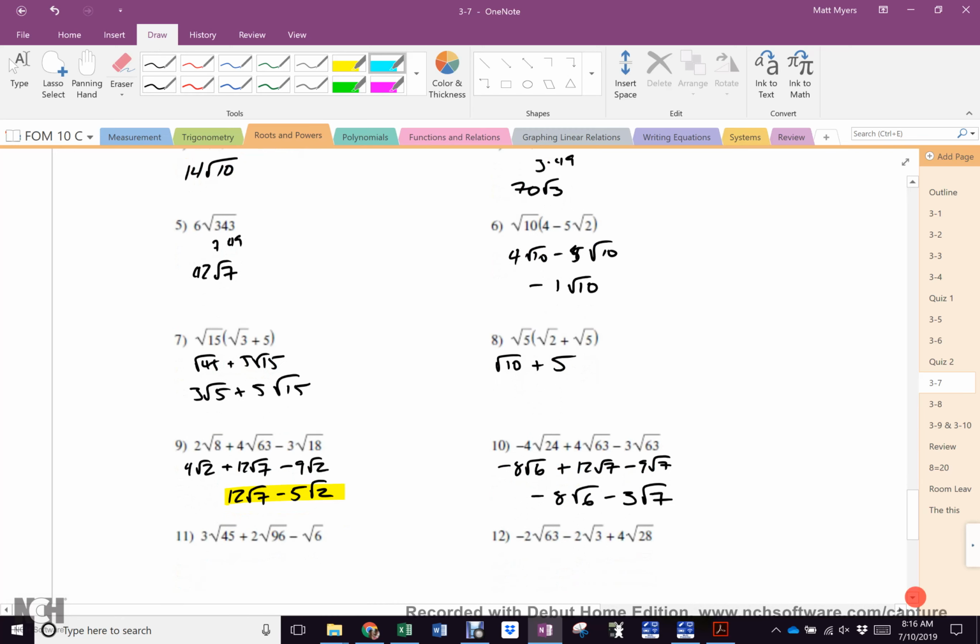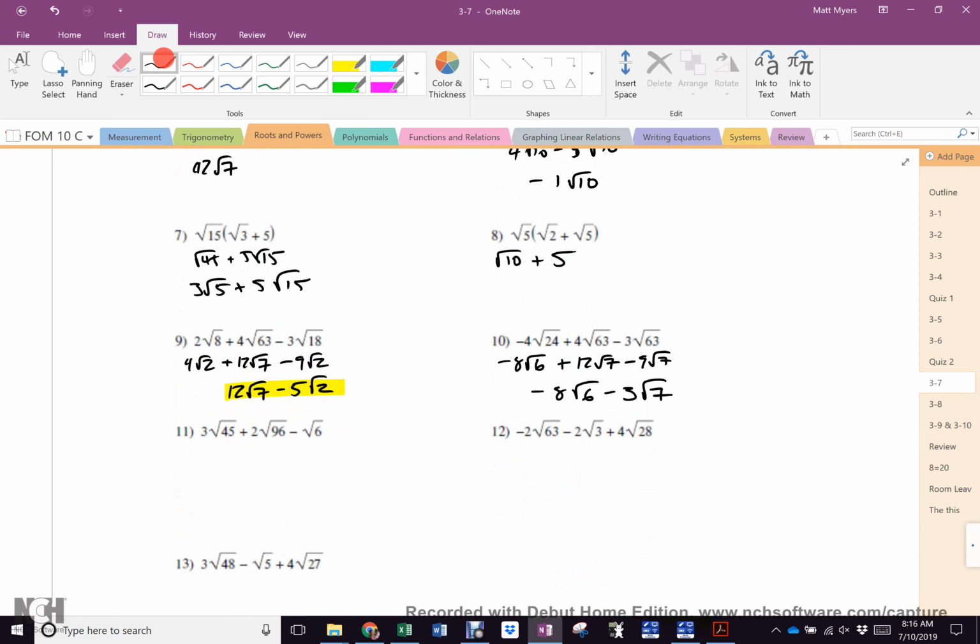That is 9 root 5, that's 16 times 6, plus 8 root 6 minus root 6 is 9 root 5 plus 7 root 6. That is negative 6 root 7 minus 2 root 3 plus 8 root 7.